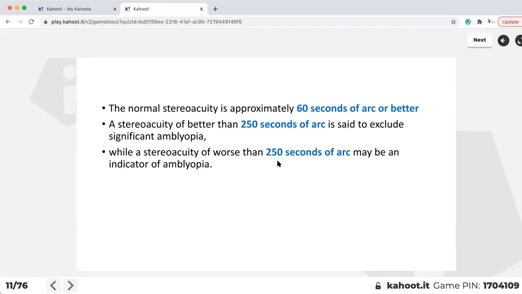This patient could have amblyopia. He should be investigated for presence of amblyopia. But to have a significant amblyopia, the stereo acuity could be 3,000, 4,000. So we cannot say that 250 is indicative of significant amblyopia, or as the question is saying, that 400 will be a significant amblyopia. Okay.